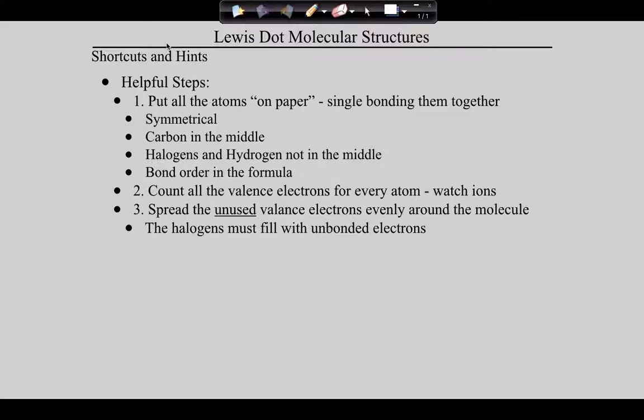I know that doesn't make sense, but you'll see. And then guys, finally the last step, and I know I'm going fast, this is the end of your notes. When you write this down, number 4, check and fill octets by forming multiple bonds. So guys, I know that was a lot, but when you're done writing down number 4, we're just going to work on 4 of these examples.